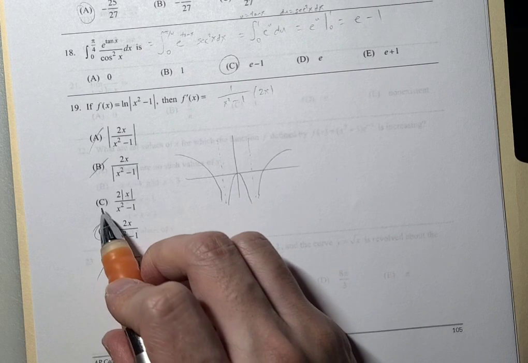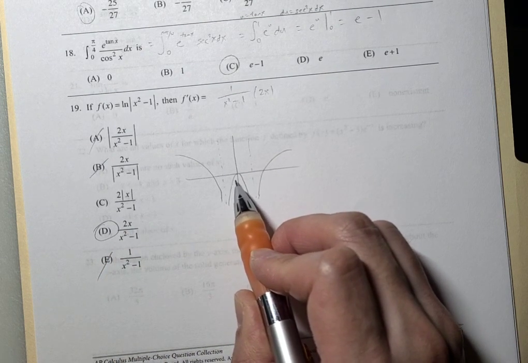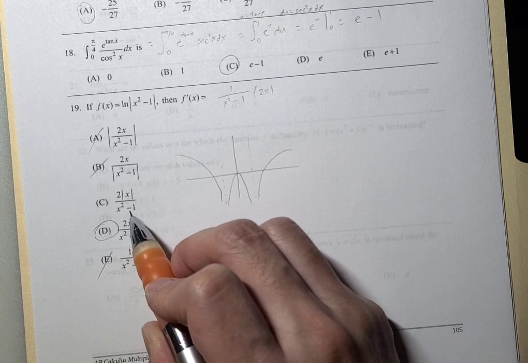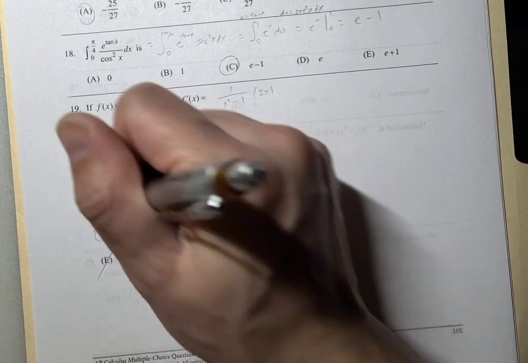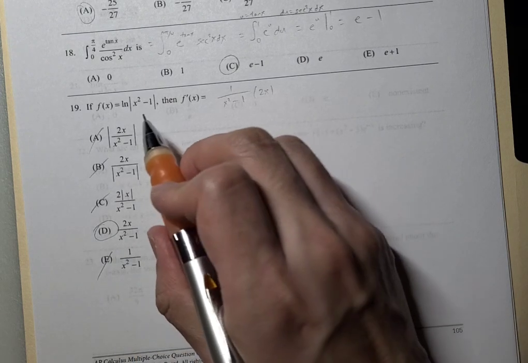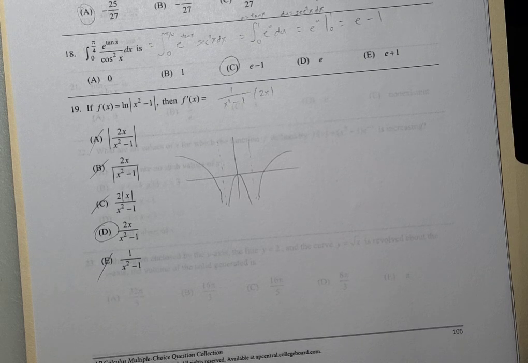We eliminate that, and then you can do a similar exercise on this side. Between -1 and 0, the bottom is always positive, but this term would be negative, but the slope is positive. So that's another way to eliminate answers, if you know how this generally looks. It looks generally something like this.